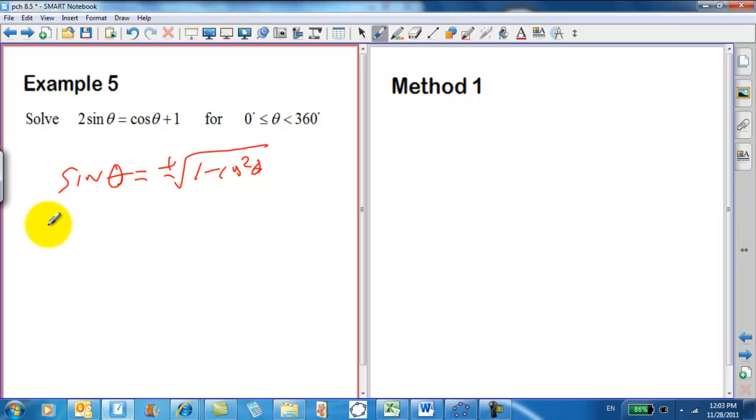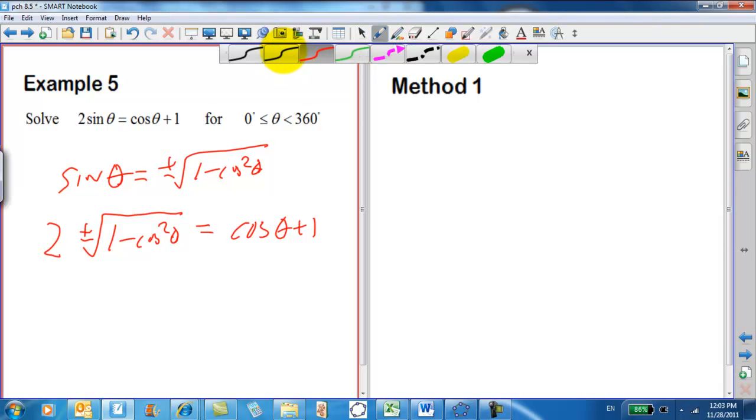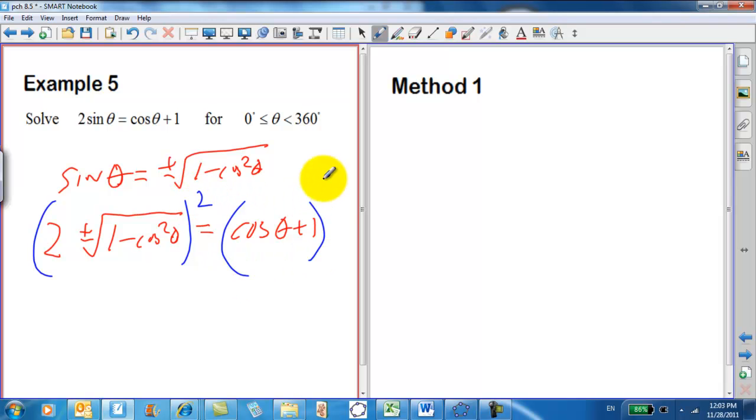Now the plus or minus is obnoxious. So 2 times the square root of 1 minus cosine squared theta equals cosine theta plus 1. And what we can do, I think you see it coming, like we did with the radical expressions before, is square both sides. Now you could have also just squared both sides right away and replaced sine squared with 1 minus cosine squared, and some people find that a little cleaner.